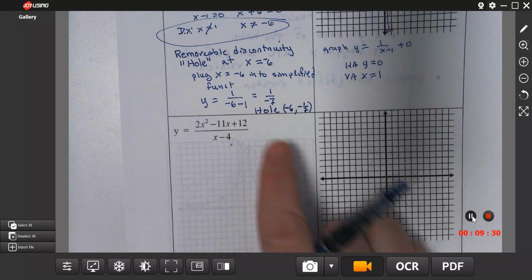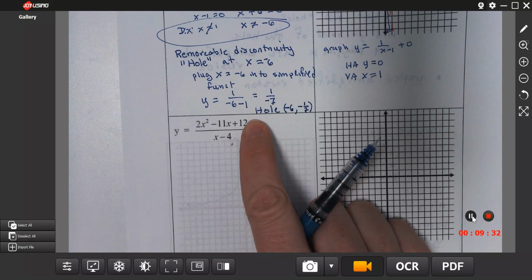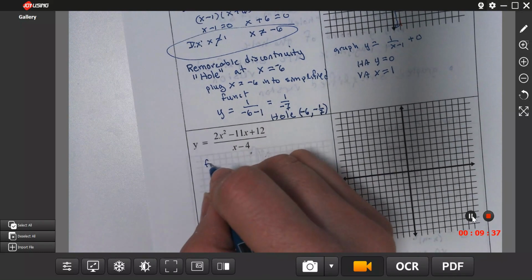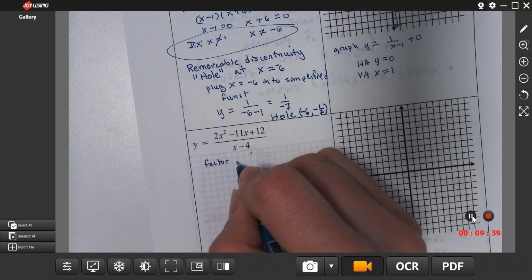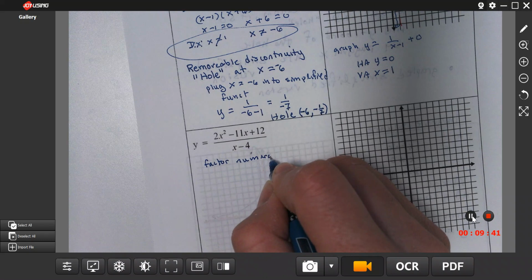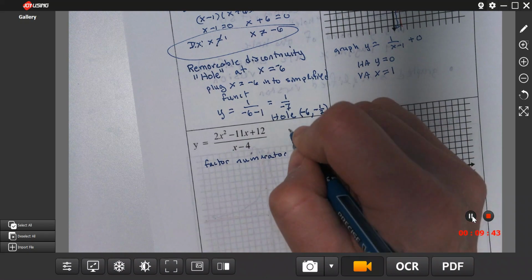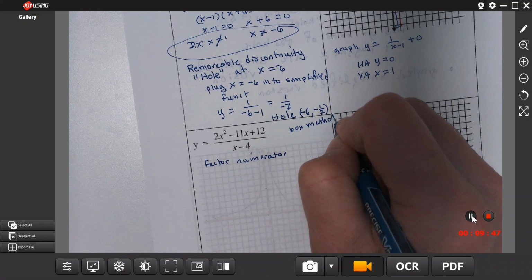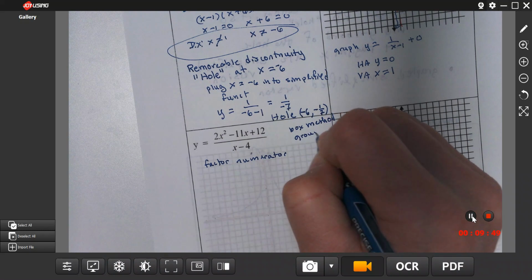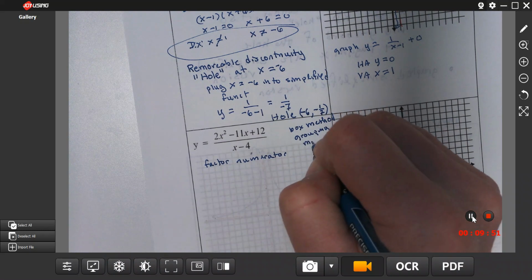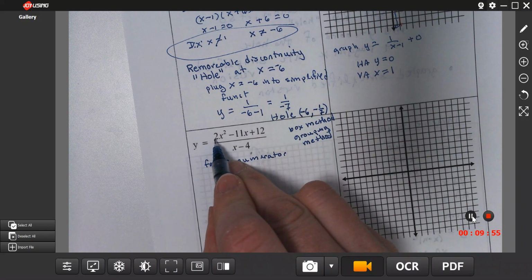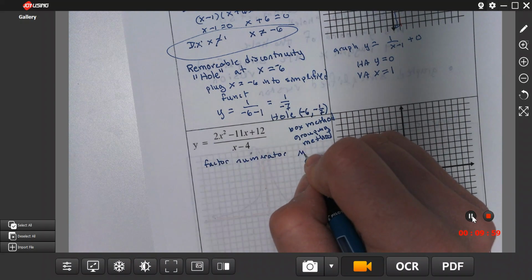So now let's look at this example. This time I have a numerator that's more complicated and a denominator that's simple. So I'm going to factor the numerator. You should either use the box method or the grouping method. Notice there's a leading coefficient that's bigger than 1 and it doesn't factor out.